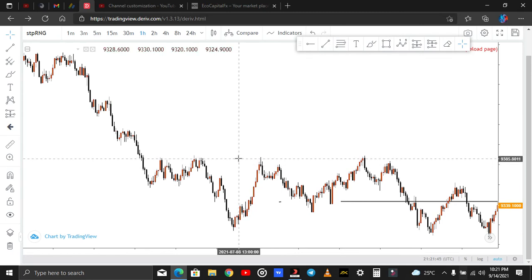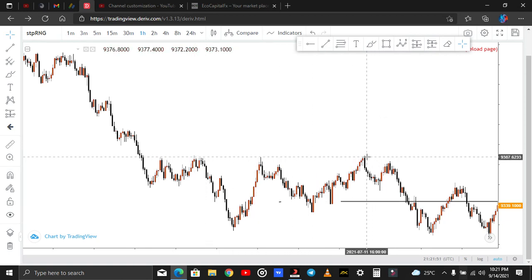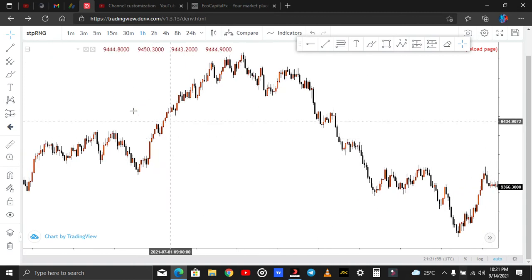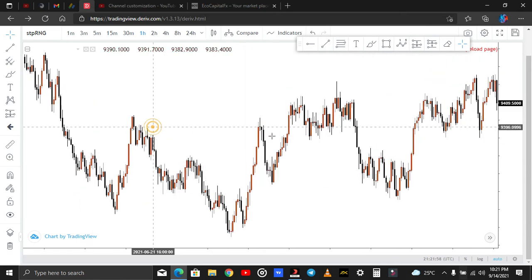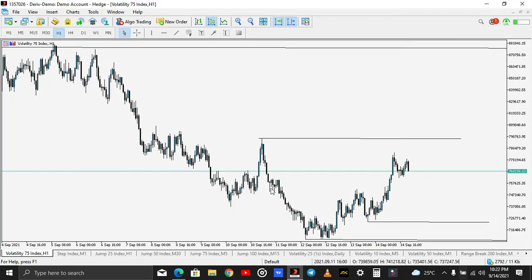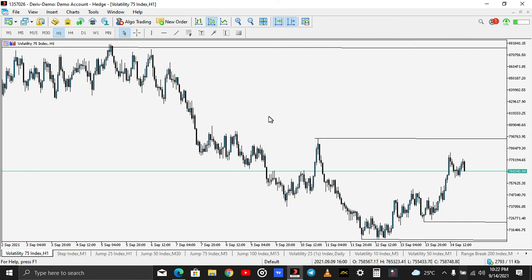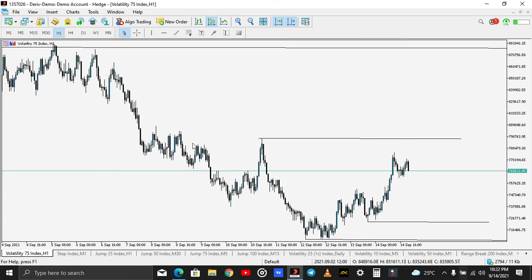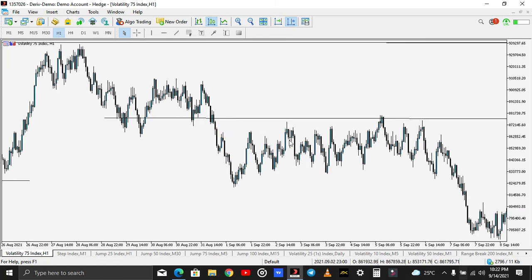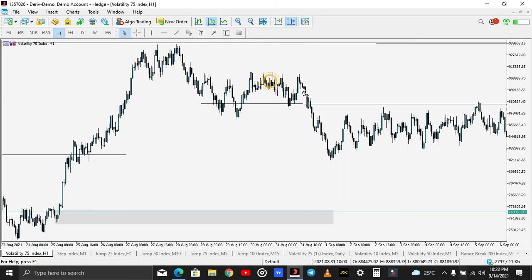Can you see it tapped here once, second time, third time, fourth time, and it respected it because the general flow is bearish. I want to get more examples of liquidity graph. I want you to understand it very well.